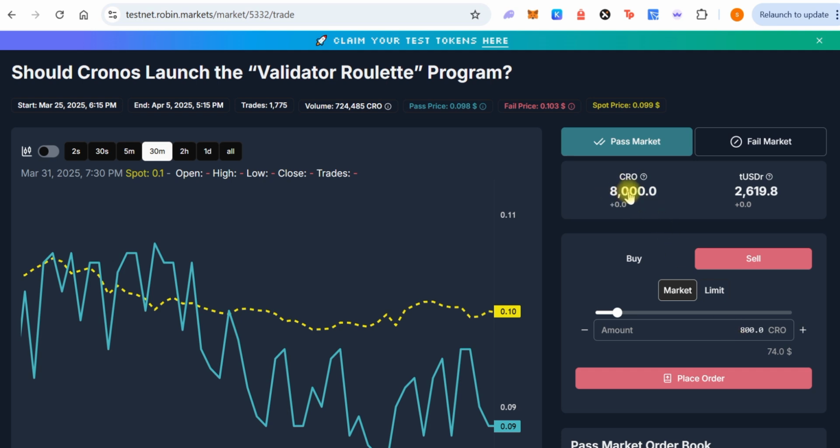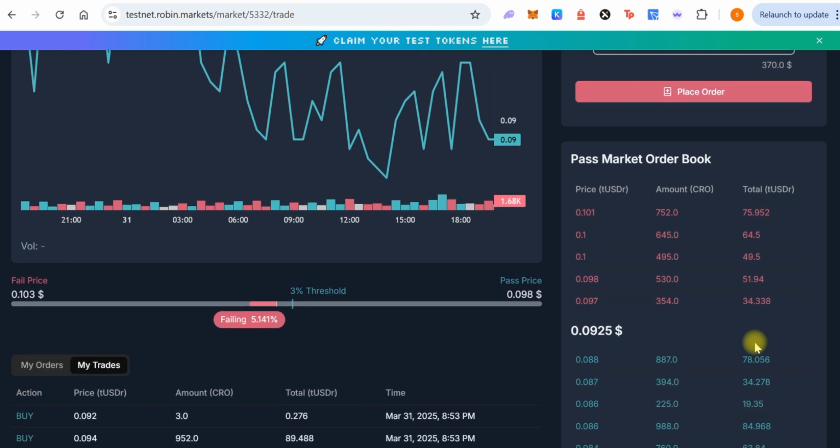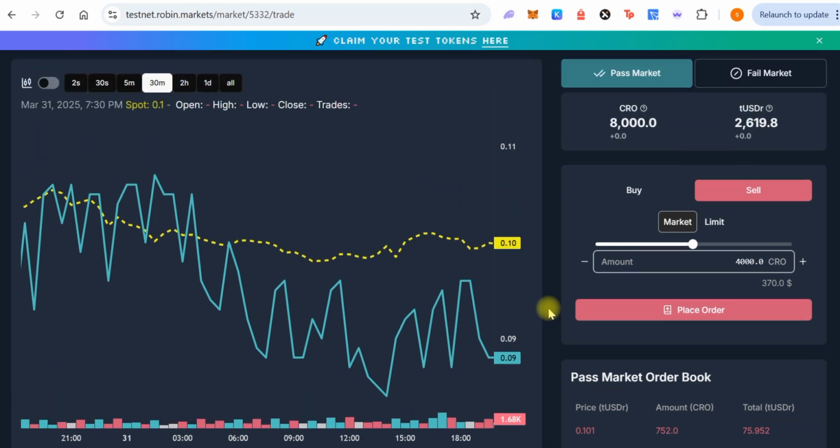You can see my CRO balance has increased, but let's say I want to sell the same amount that I bought, about 4,000 CRO tokens. You can see that the price has increased a little bit from 360 to about 370, because the price increased from the last time I bought.